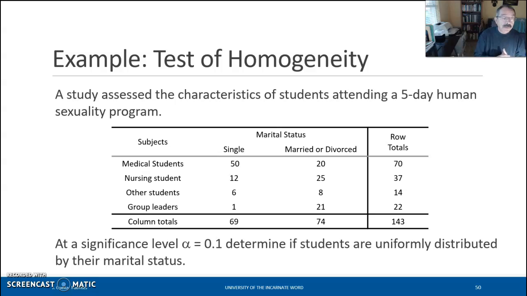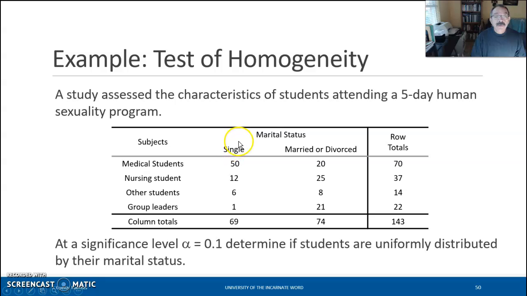In this example, this is a study that assesses the characteristics of the students that attended a 5-day human sexuality program. And in this, you see that we have the categories of the types of subjects: medical students, nursing students, other types of students, and group leaders.